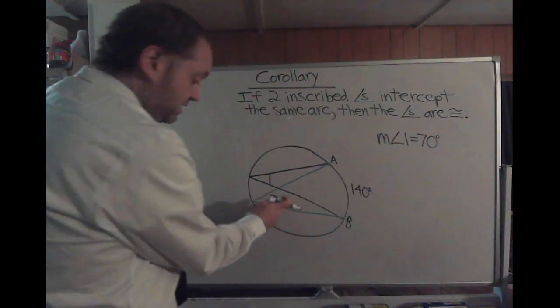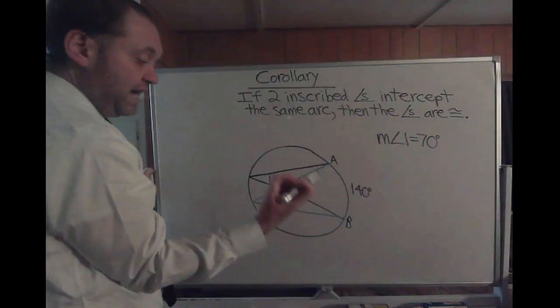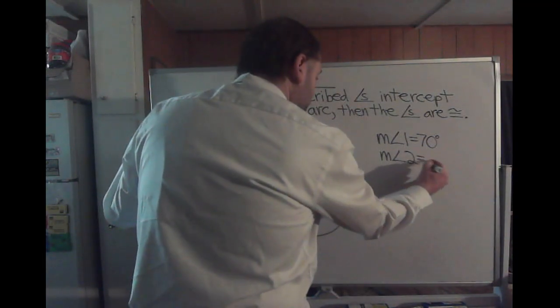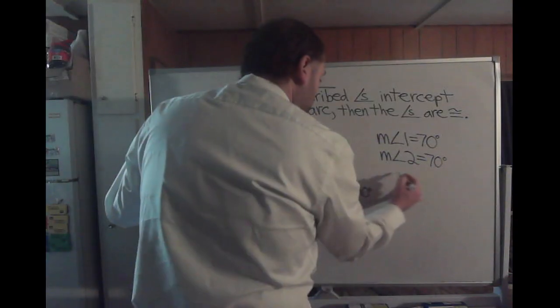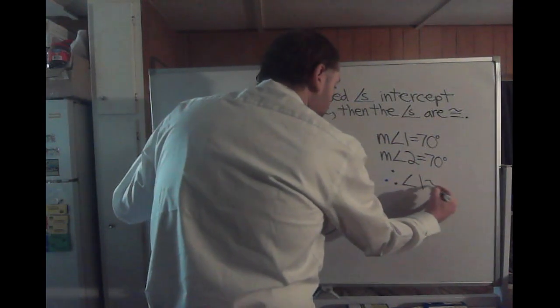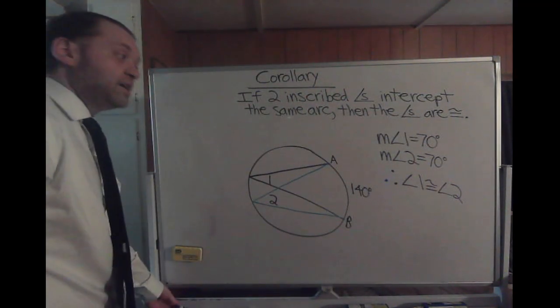But if you look at inscribed angle 2, it also intercepts arc AB. So the measure of angle 2 would also equal 70 degrees. Therefore, angle 1 is congruent to angle 2, since they both intercept the same arc.